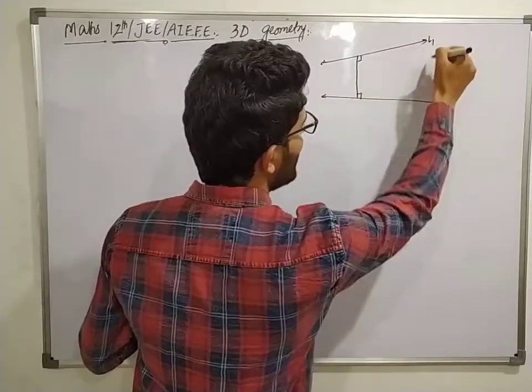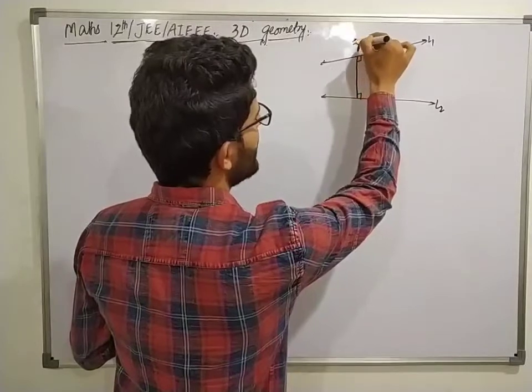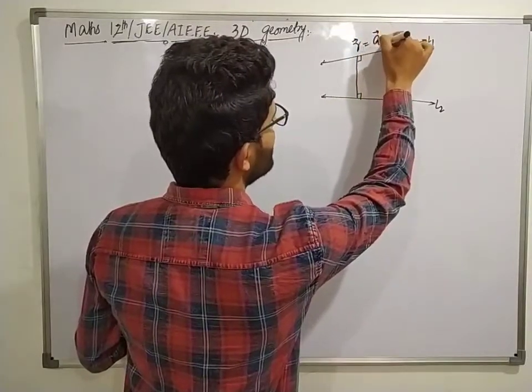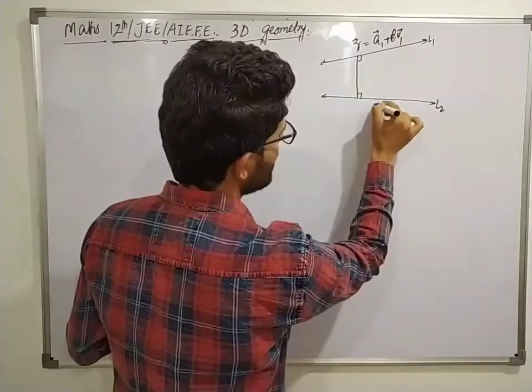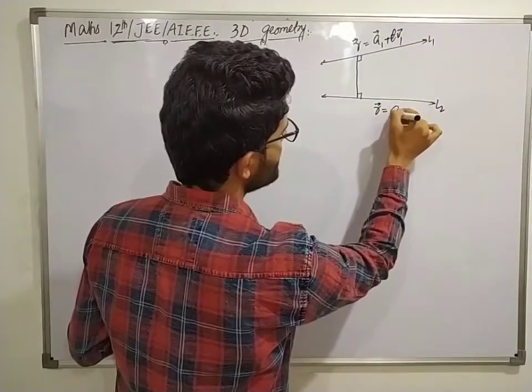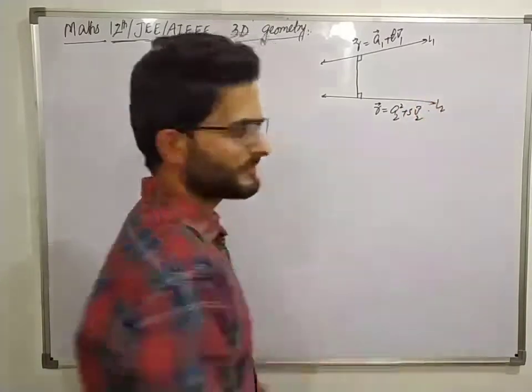Suppose this is your line first and this is your line second. Line first has the equation R vector is equal to A1 vector plus T times V1 vector, and line second has the equation R vector is equal to A2 vector plus S times V2 vector.